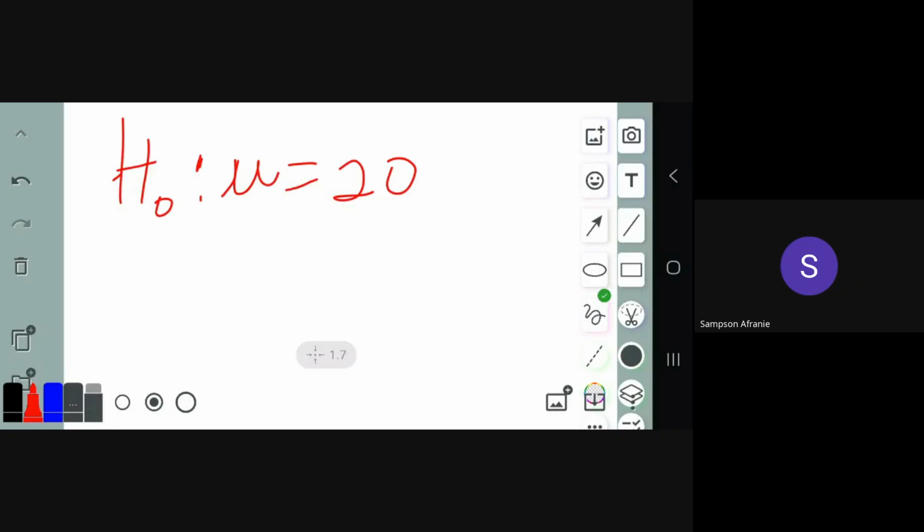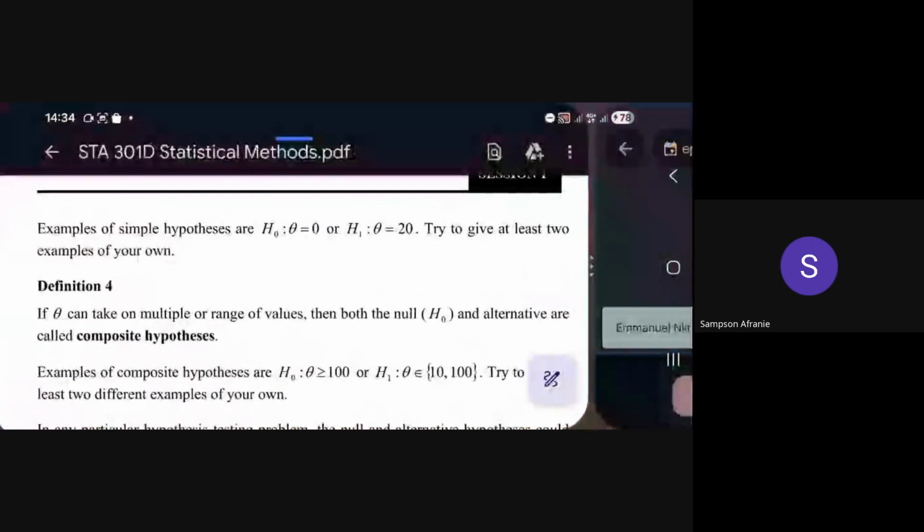I went to class, conducted a test, and realized that the mean score of the students was 20. Then the alternate hypothesis says that the mean is not equal to 20. Then I'm going to get a single value for it, which means I am conducting a simple test.